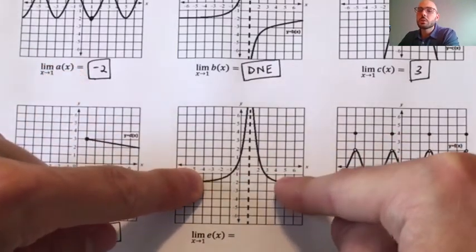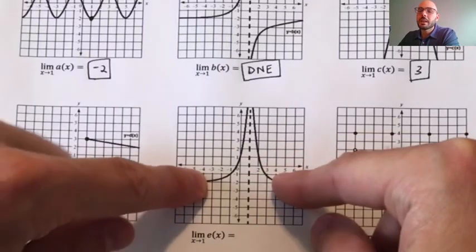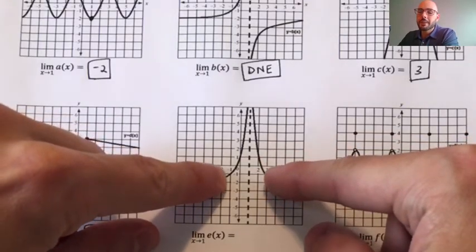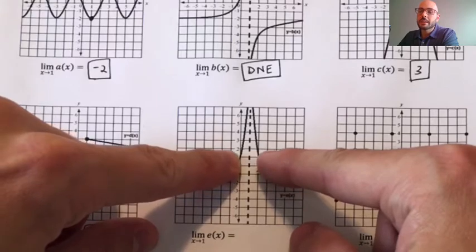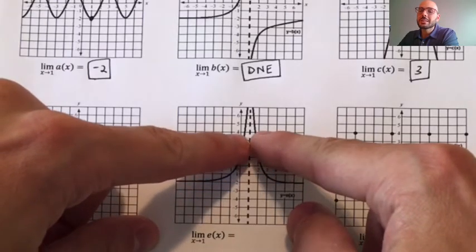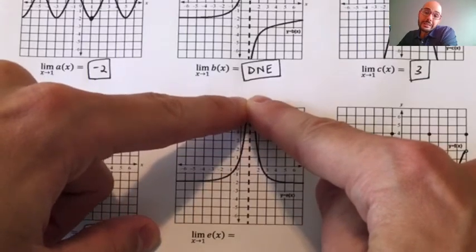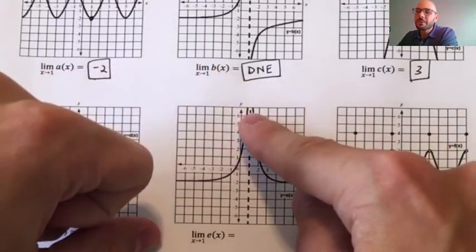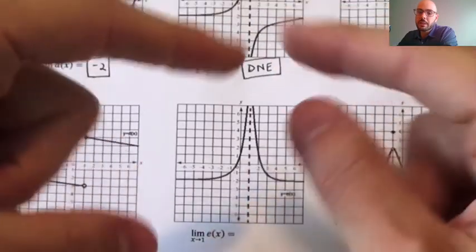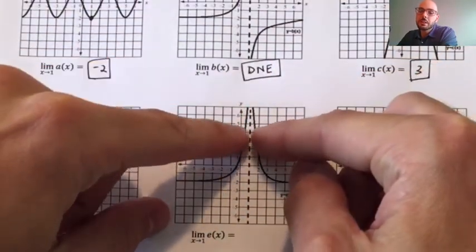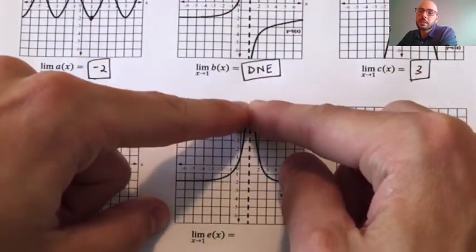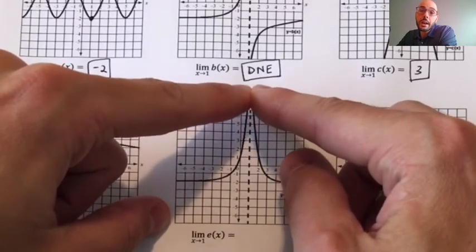We put our fingers on the right and on the left, and we keep our fingers on the graph as we approach x is 1. You'll notice that our fingers go up and up and up forever, but they do essentially touch. I realize these graphs will never touch each other. They'll never intersect each other, but our fingers basically do, right? Our fingers get so close that they're agreeing on a y value.